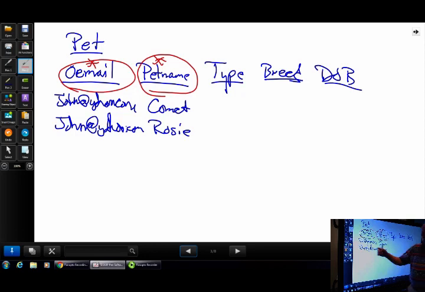When I have the combination of John and Rosie, that determines that Rosie is a cat, a domestic short hair, and was born whenever. These 2 fields in combination determine what the values are going to be for the rest of these fields.